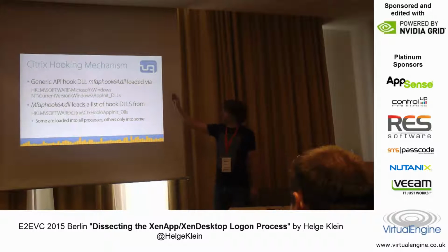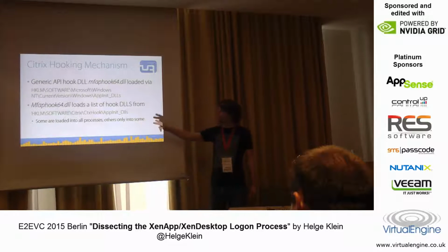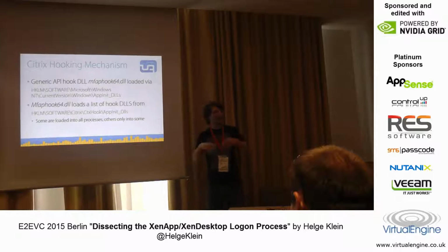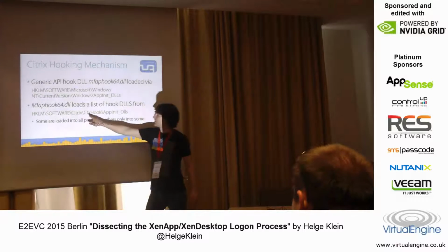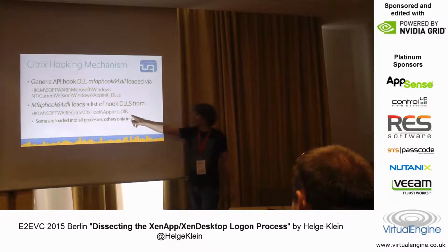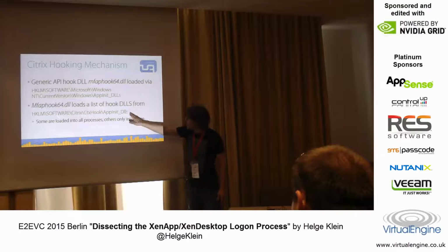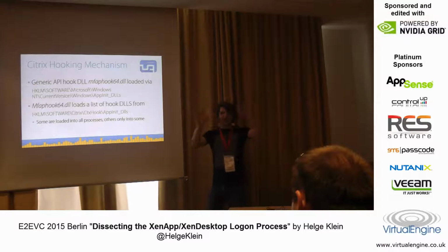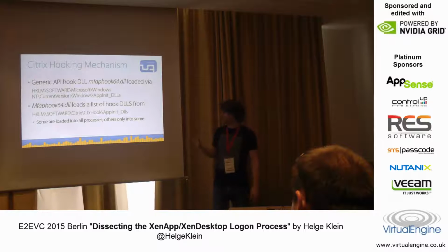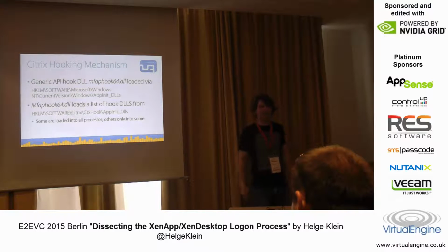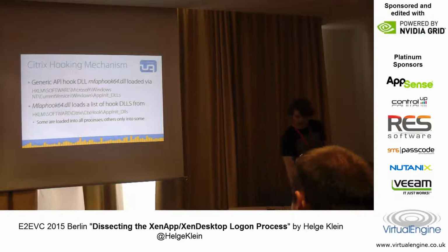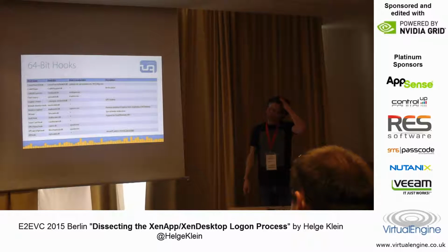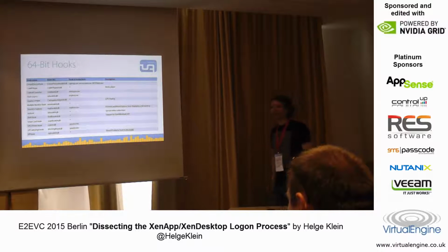This generic Citrix hook doesn't do anything itself, but it reads a list from the registry that is stored here, HKLM Software Citrix, and so on. And all the DLLs listed there are then loaded into the various processes that are running. As it says there, some of the Citrix hooks are loaded into all processes, some only into specific processes. And here's a complete table of all the DLLs listed there.